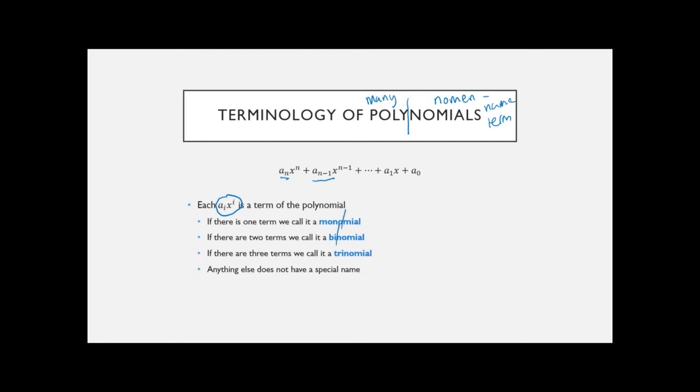So if you look at these words, monomial, binomial, trinomial. Mono means one. If you think of a monocle, it's just one, half of glasses, just the one glass. You've probably heard of the sickness mono. It stands for mononucleosis.